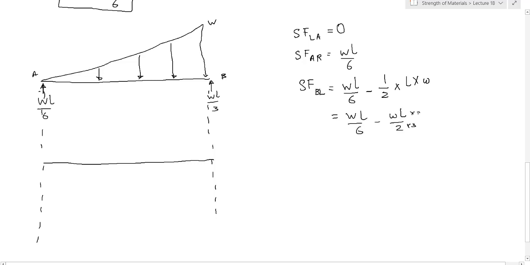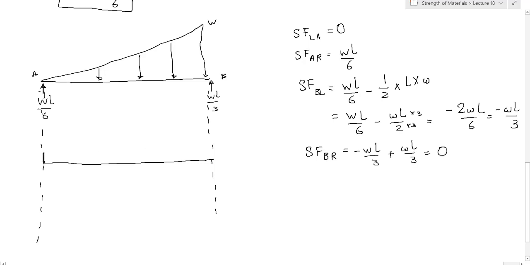If we multiply both by 3, we get minus 2 WL by 6, which is minus WL by 3. That is shear force to the left of B. What is shear force to the right of B? It is minus WL by 3 plus WL by 3, which is equal to 0.